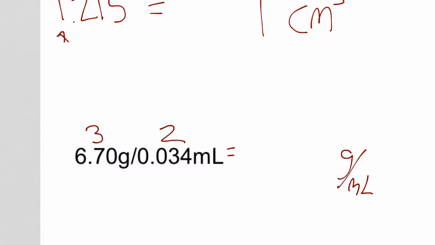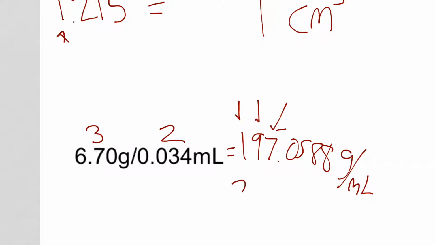My number from my calculator is something like 197.0588. My answer can only have 2 significant figures, so that would be 1 and 9. However, because the next digit is a 7, that needs to be rounded up. And if I try to write 200 like this, well, that's 1 sig fig.